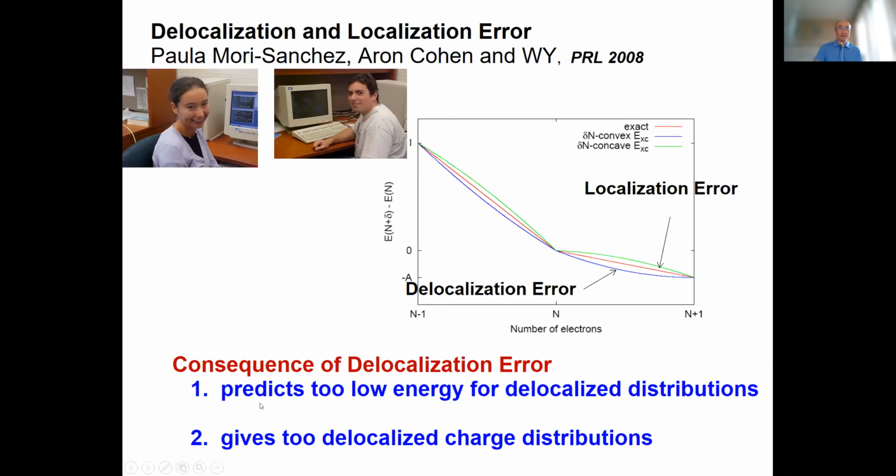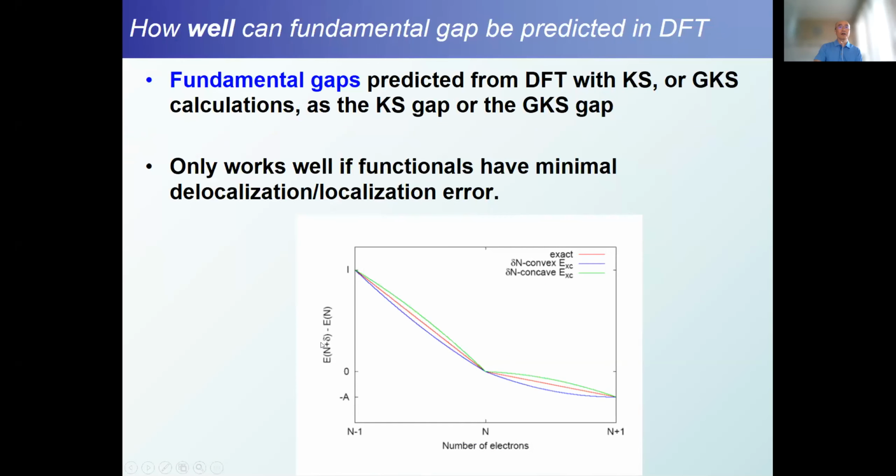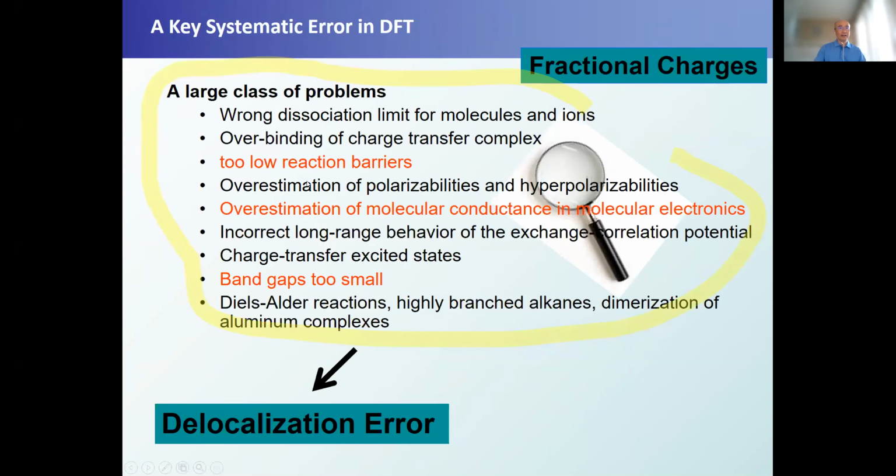The consequence is that it will predict too low an energy for delocalized distributions and give too delocalized a charge distribution when it has a chance. There's also another very long list of problems related to this: reaction barriers, overestimated conductance, band gaps too small, and certain other reactions with wrong energies. And dissociation of molecules, they all relate to this delocalization error, this mathematical origin.